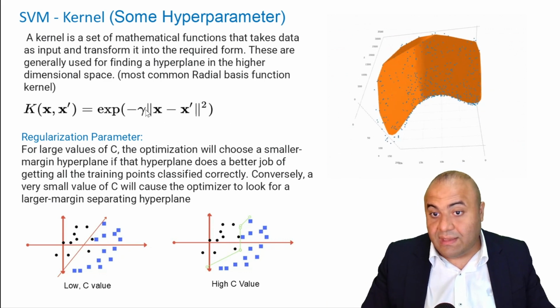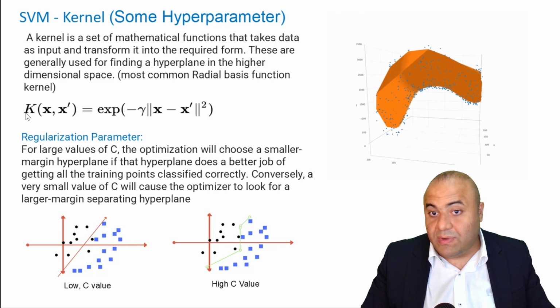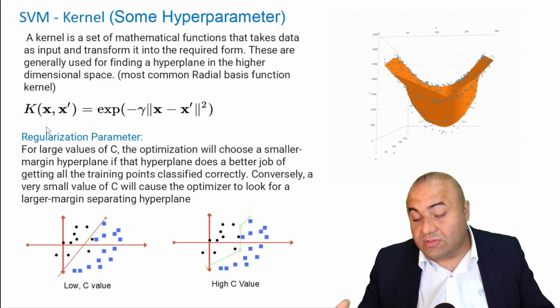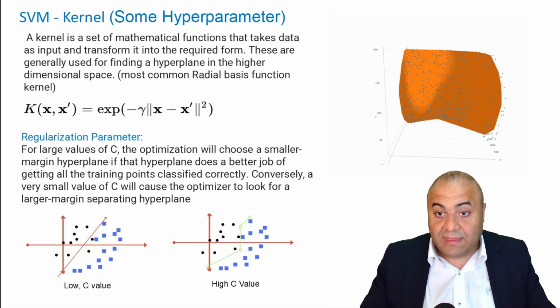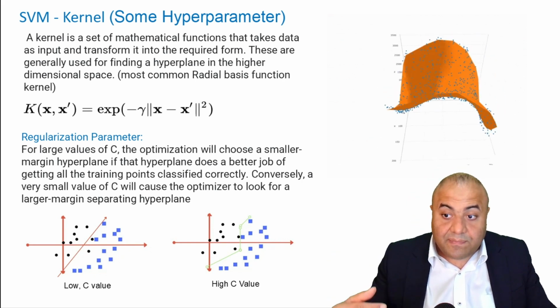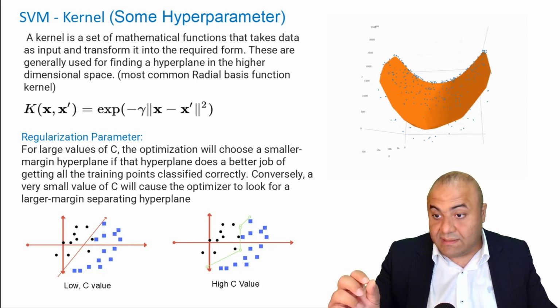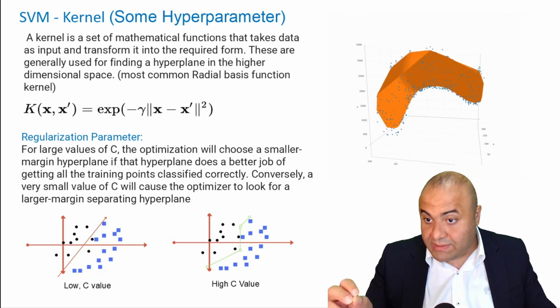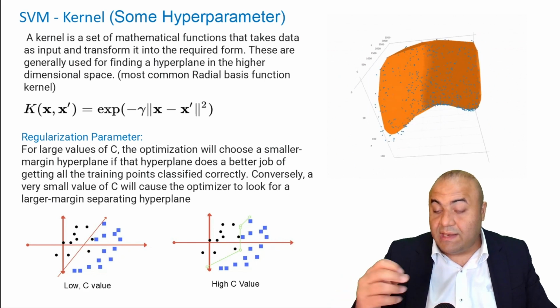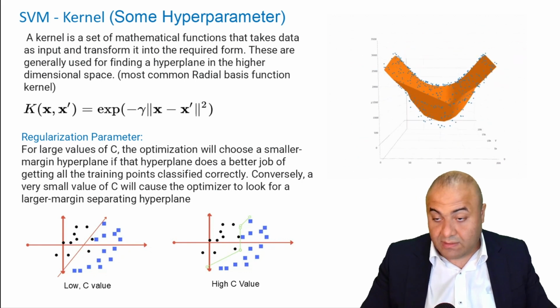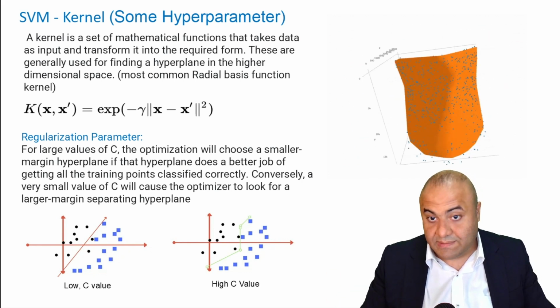Based on gamma, we will calculate the kernel. Of course, there will be other math involved, but we can say that the value of gamma will affect how many points will be considered in building the hyperplane, so far or nearer points.